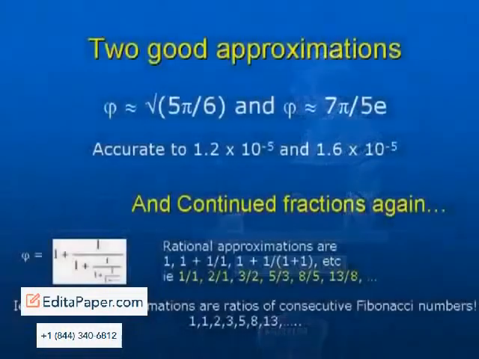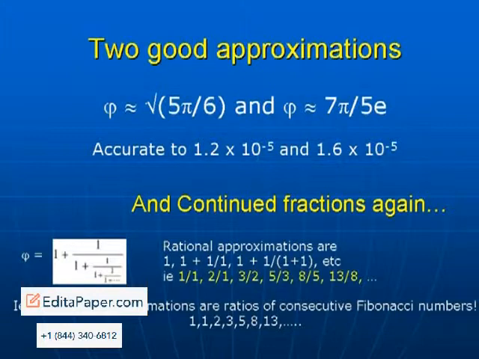If we look at that continued fraction expansion of the golden ratio with all the ones in it, then remember, we can cut off the continued fraction expansion at each step and work out what the rational approximation is to phi. Well, if we just take the first one, we get 1. If we take the next one, we get 1 plus 1 over 1.